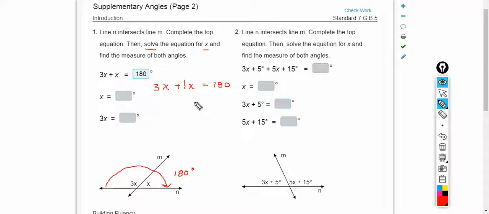And because these are like terms, like here we have a 3x and then we have a 5, those are not like terms. The 3x and the 5x, those are like terms.